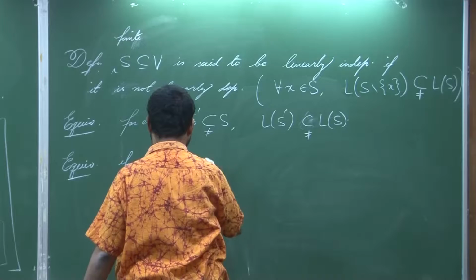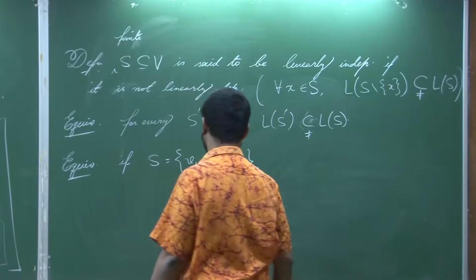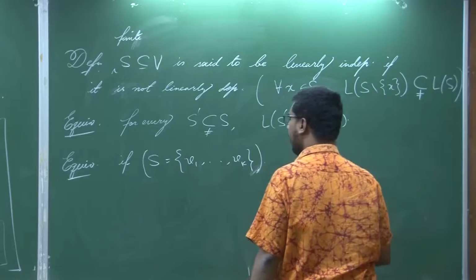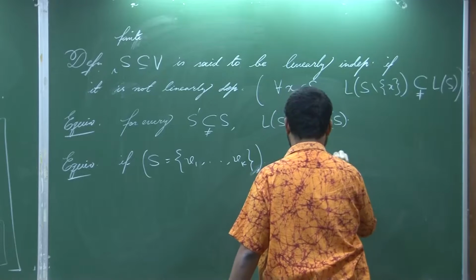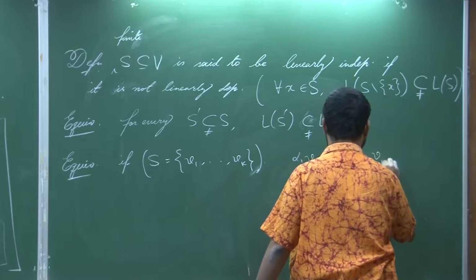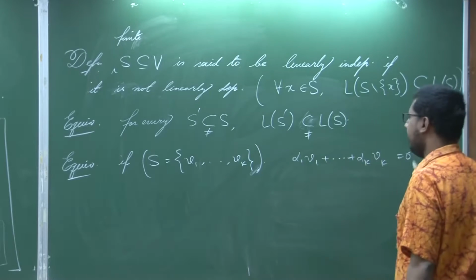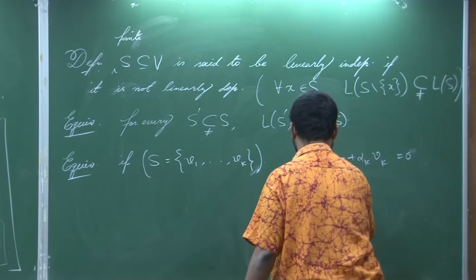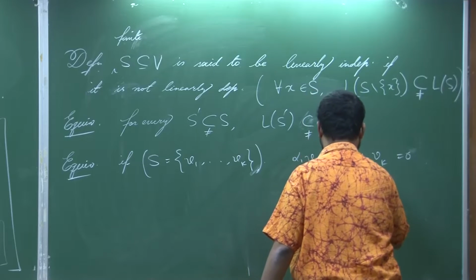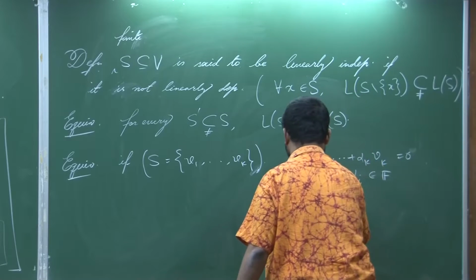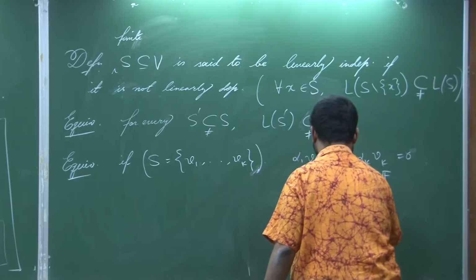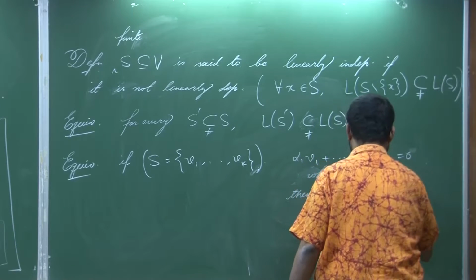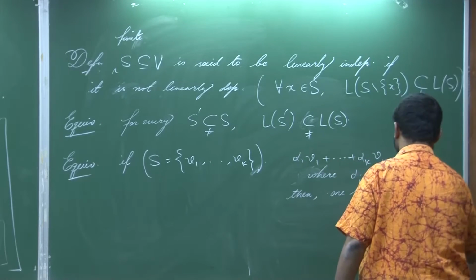If we label the elements V1, V2, ..., Vk, and we have a combination alpha 1 V1 plus ... plus alpha k Vk equal to 0 with alpha i belonging to F, then one must have all alpha i's equal to 0.